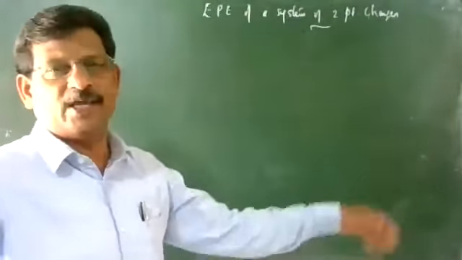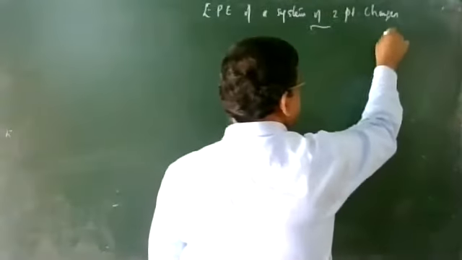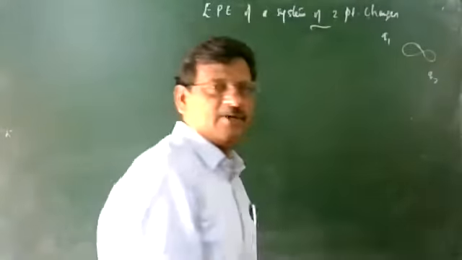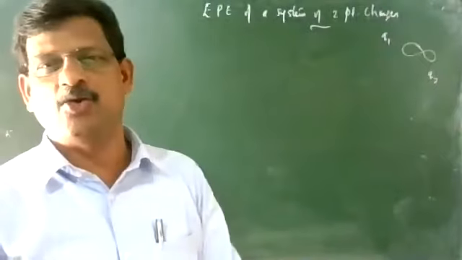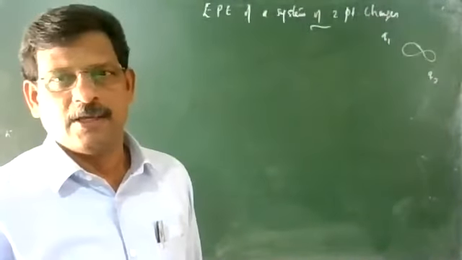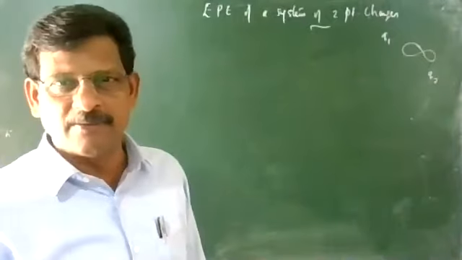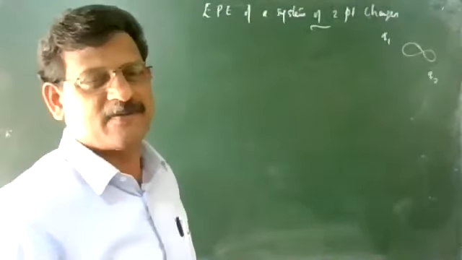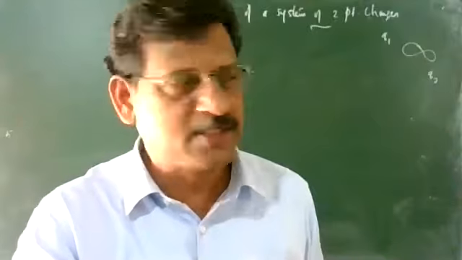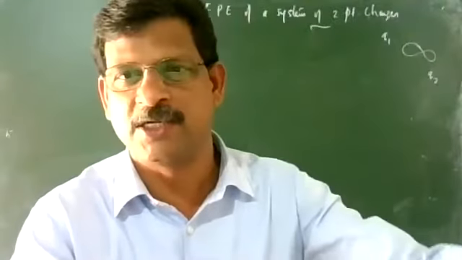These two charges, say Q1 and Q2, are at infinite distance apart. This means there is no interaction. Nobody is having any interaction. So you have to bring them from infinite distance to a particular place, seat number 1, seat number 2.